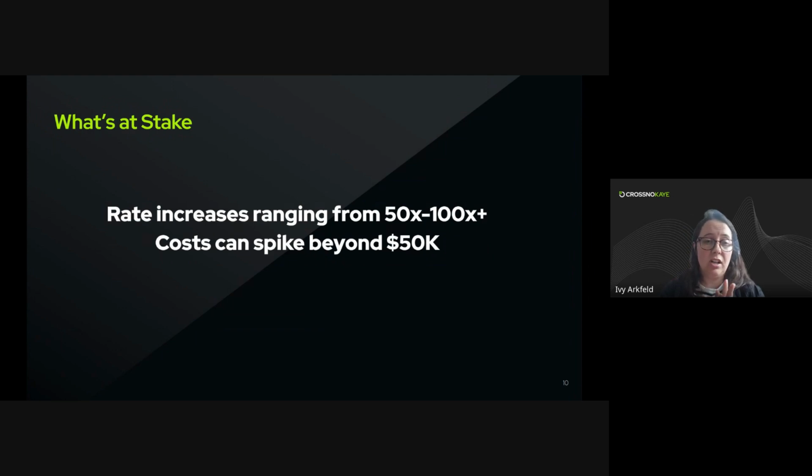And we've seen costs spike beyond $50,000 over a couple of hours. So there's a lot of opportunity here to avoid those types of costs. And it's really important, if you are exposed to market rates, to make sure that you're avoiding it as much as possible and letting Atlas do its thing by avoiding those time periods.